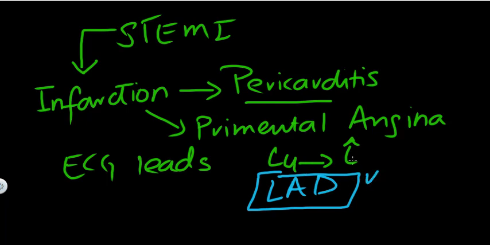I'm going to make a video on that in the coming videos, so stay tuned. So STEMI will always show infarction. It can be because of pericarditis, Prinzmetal angina, anything which causes ischemia to your myocardium.